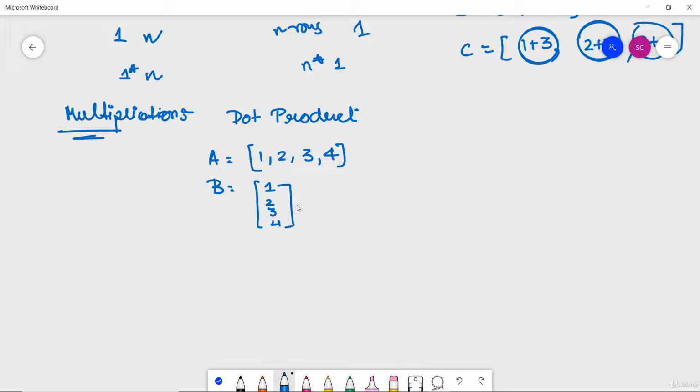Here you can understand that one is the row vector and the other is the column vector. Now the dot product of A and B will be like this: the modulus of A times the modulus of B cos theta. Now what is this theta? Theta will be the cos inverse of this whole formula, so it can be written like this.